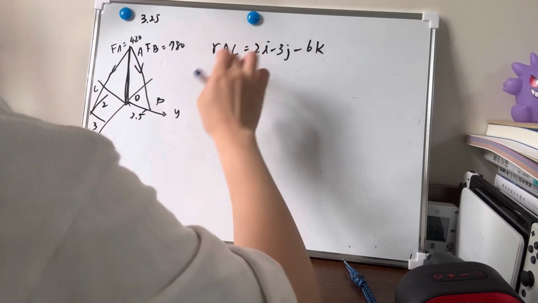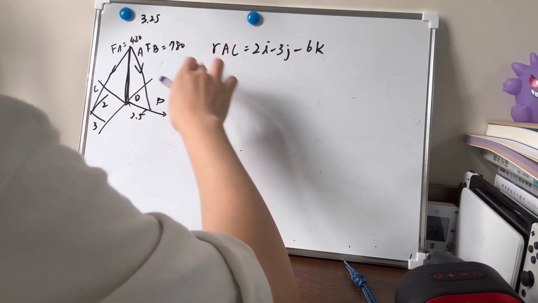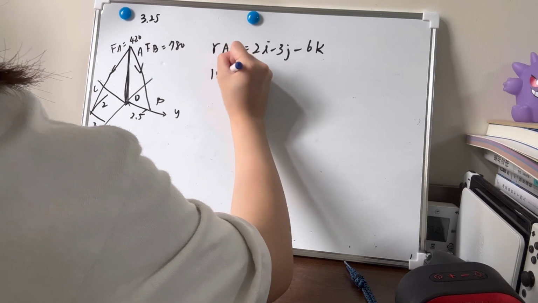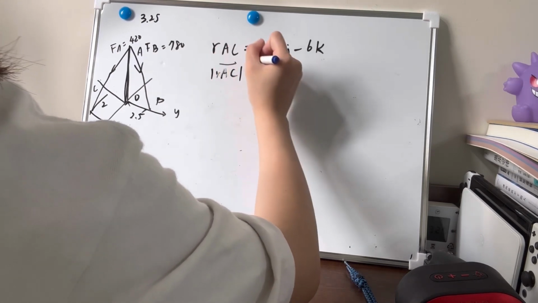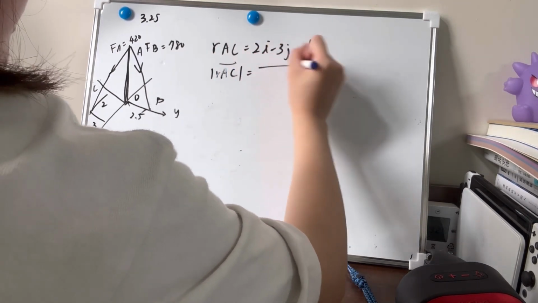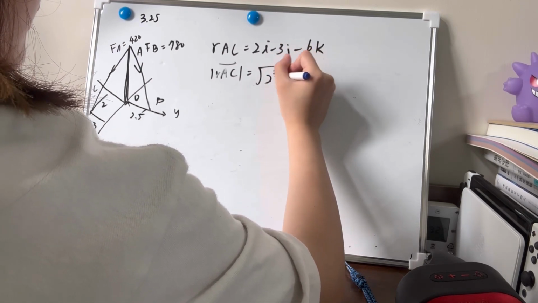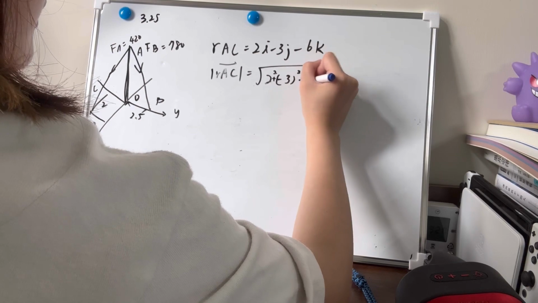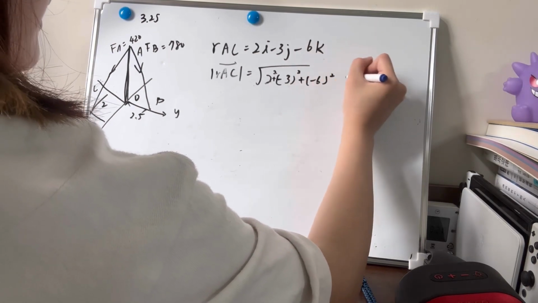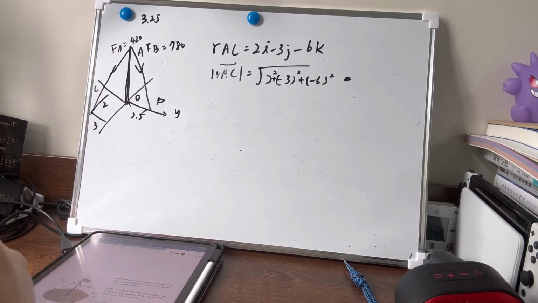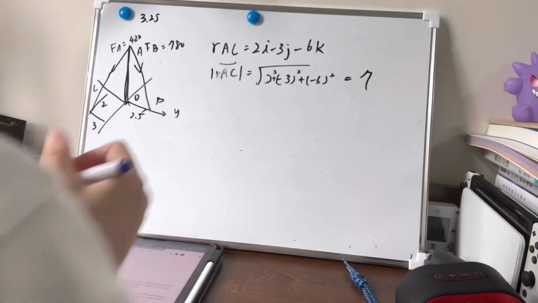And we have to know the magnitude of the RAC. So it could be like 2 squared and so on, squared and root, then it will be 7.